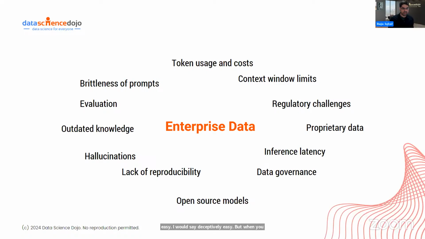But when you actually start building something that has some direct business implication, then you are an enterprise. There are a lot of things that you have to worry about, right? ChatGPT may be free, but when you deploy an application in your own enterprise, the token usage and costs are a consideration. Then there's how big the documents can be. Do the documents fit in the context window of the models that you're using or not? There are regulatory challenges.